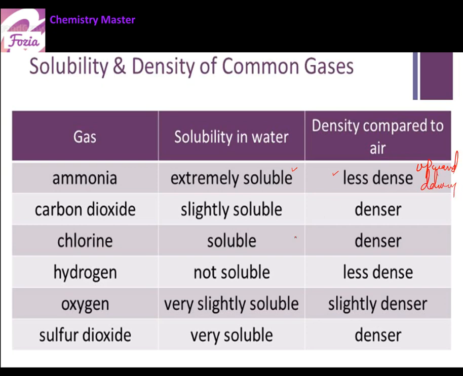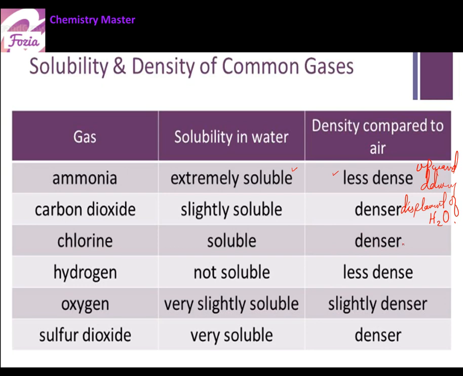The next is carbon dioxide. Carbon dioxide is slightly soluble in water and is denser. So that is why we can collect it through displacement of water. If I write H2O, will you get it? Very good. You are doing chemistry and you must be very familiar with this shorthand writing.